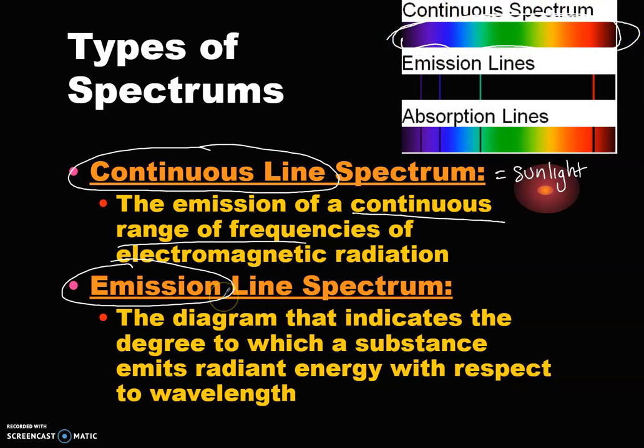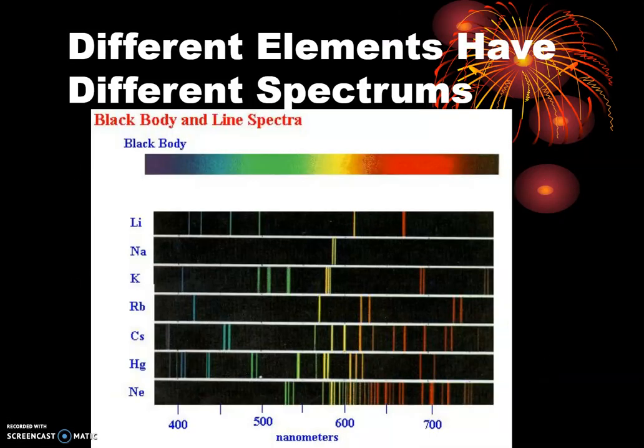The emission spectrum is going to be for a specific substance because these substances are not going to have all of the electrons that the sunlight will. So if you see an element like calcium, it's going to have a very specific, almost like a fingerprint, emission.